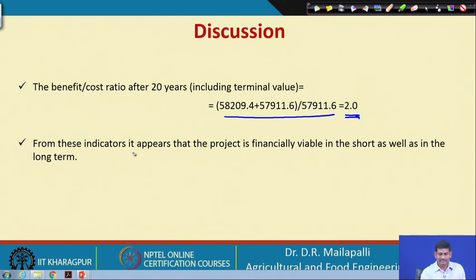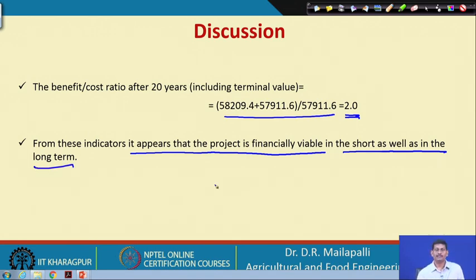So, from these indicators it appears that the project is financially viable in the short as well as in the long term. Okay. Because the NPV, that is net present value, is positive, as well as the benefit cost ratio is also positive.